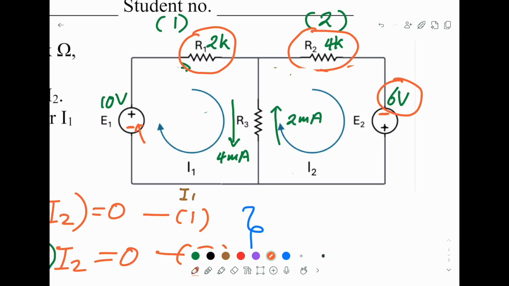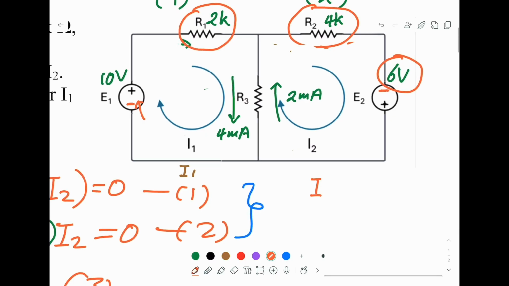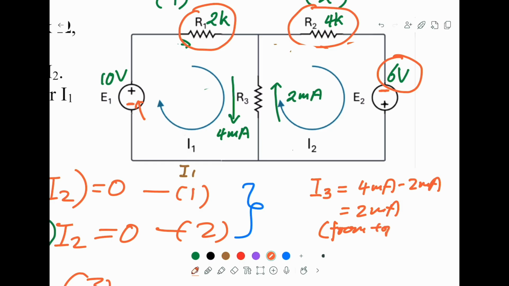So overall, the real physical current is going down. The current passing through resistor 3 must equal 4 mA minus 2 mA, which is 2 mA. You must specify this is from top to bottom in this diagram.